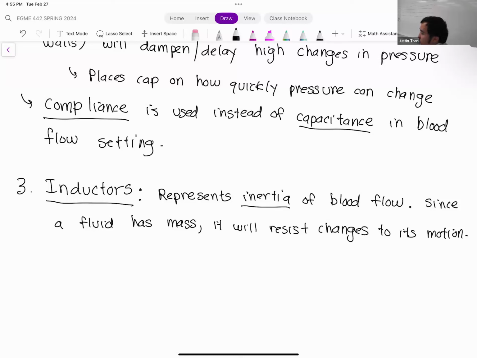Same thing with blood flow. You can't take a pipe flow and expose it to a pressure difference and expect it to accelerate to max speed right away.